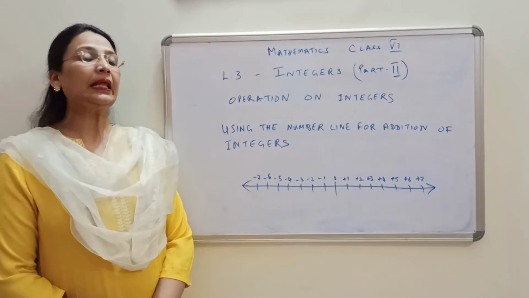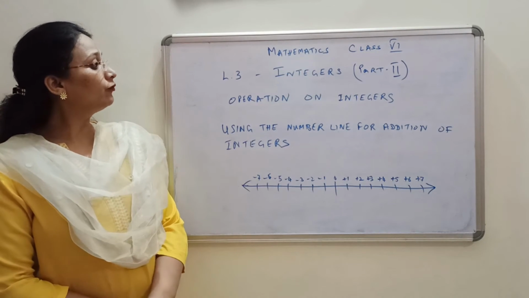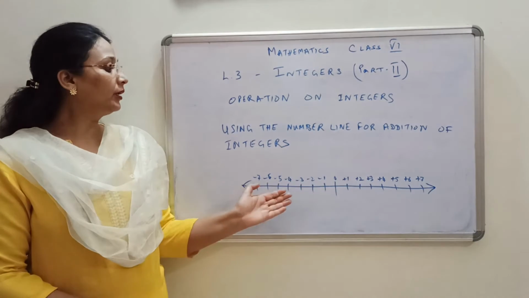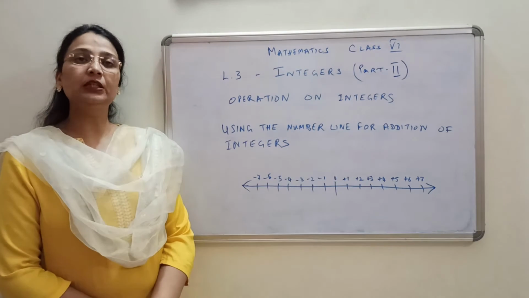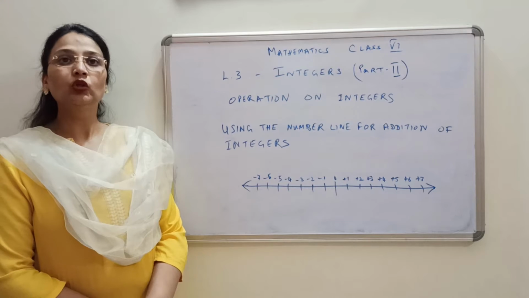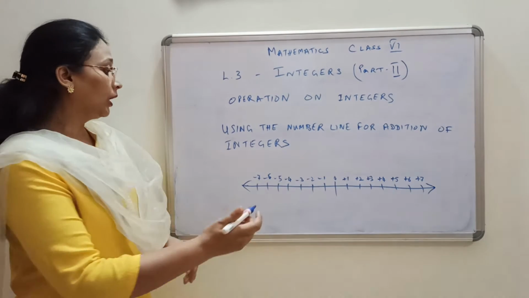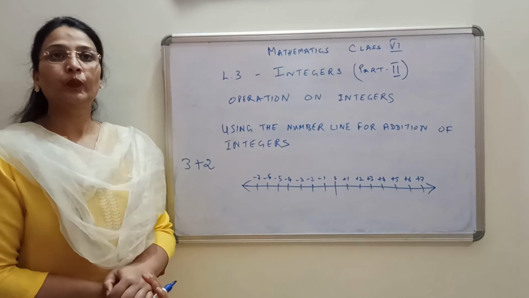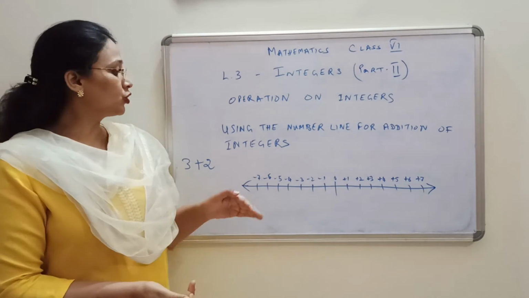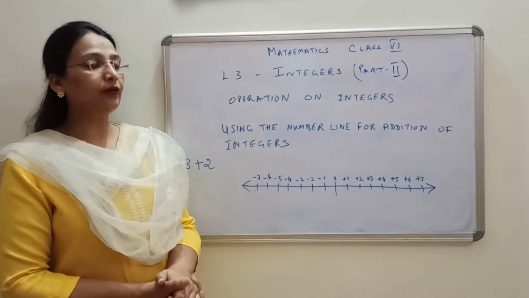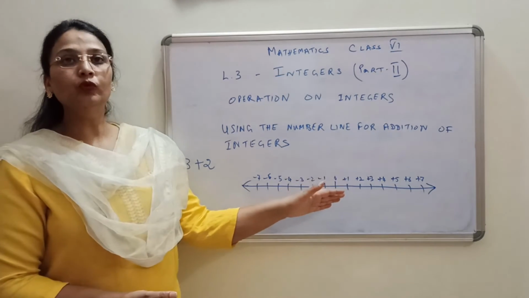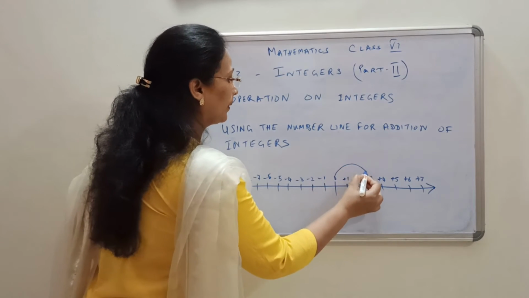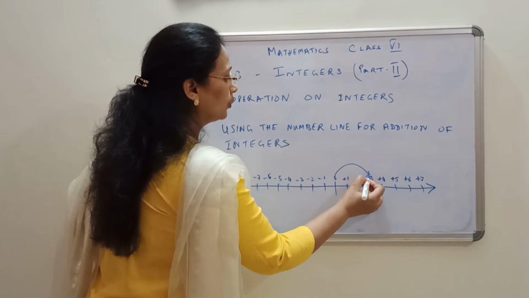Come to the next topic, using the number line for addition of integers. We can use the number line for addition of integers. For example, use the number line to find 3 + 2. To solve this, first you draw a number line, starting from 0 and move 3 steps to the right: 1, 2, 3.